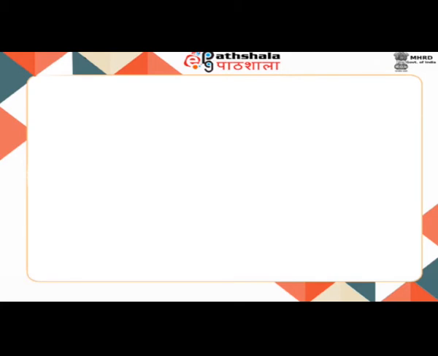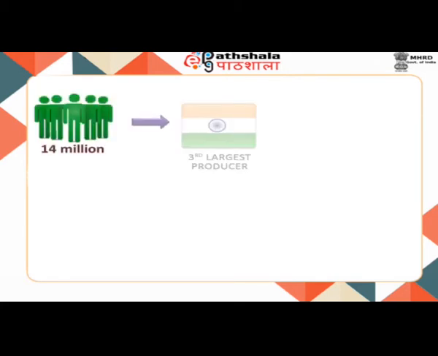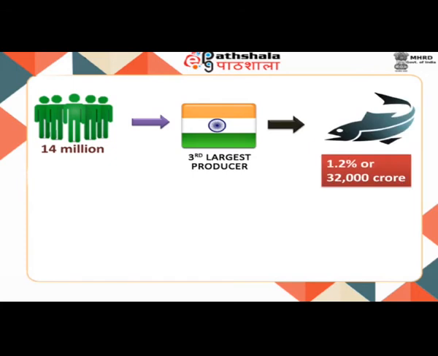With employment to more than 14 million people, India is the third largest producer of fish in the world and contributes around 1.2% or rupees 32,000 crores to the GDP in 2002.